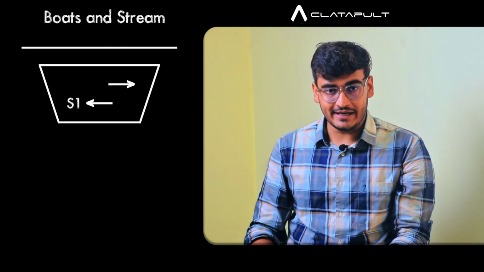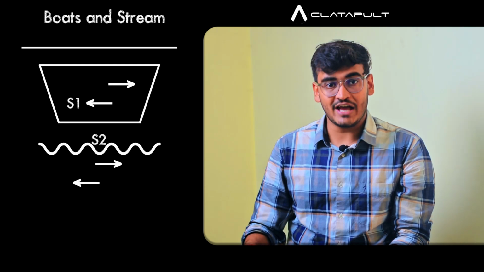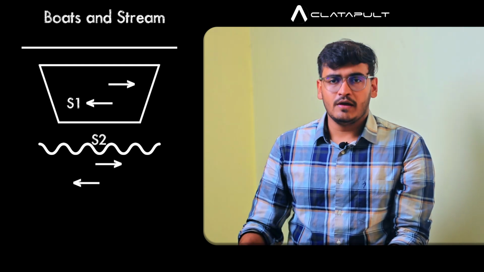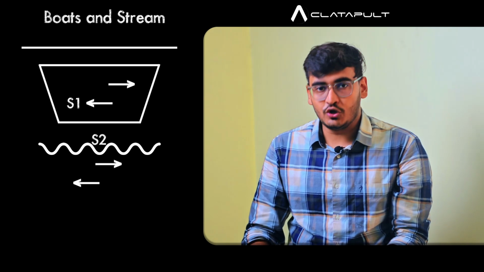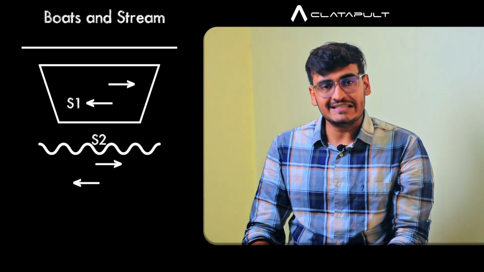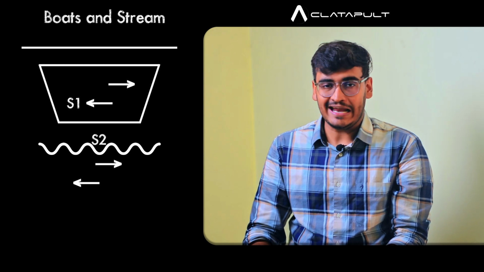Now let's consider this example where we have a boat, it has a speed of s1 and there is this stream which has speed of s2. Now the boat will either move from left to right or right to left, and the stream will also move from either left to right or right to left.